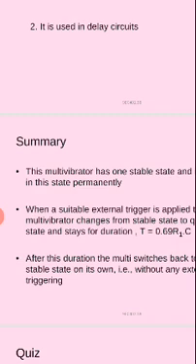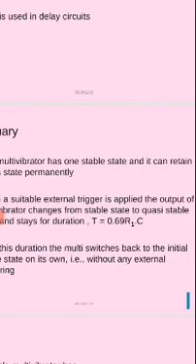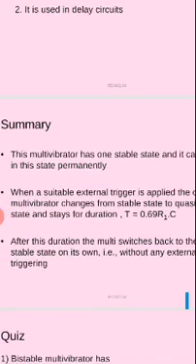Summary. This multivibrator has one stable state and it can retain in this stable state permanently.